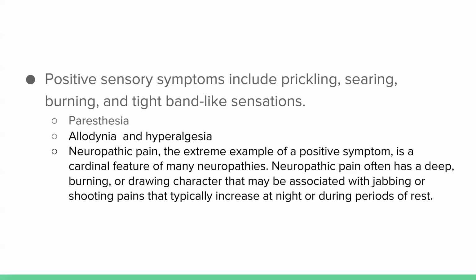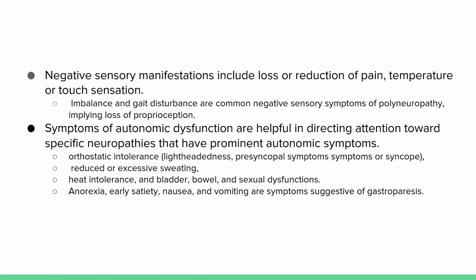Allodynia is when the non-noxious stimulus is felt as pain, and hyperalgesia is when the patient is hypersensitive to pain. So the extreme form of positive symptoms is neuropathic pain. It's often deep, burning, drawing. Patients describe it as jabbing, shooting pain, and it is classically increased at night and during periods of rest.